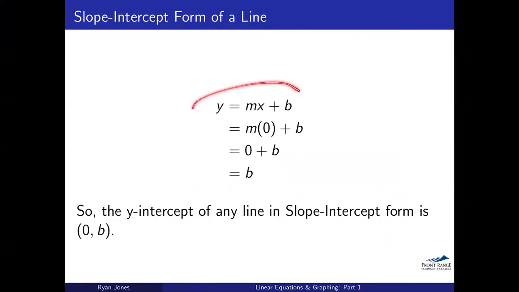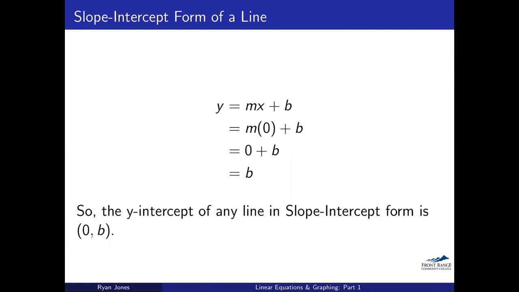Now, like I said, this should be fairly obvious if we look at this work here. If I have y equals mx plus b, remember, we find the y-intercept by setting x equal to 0. So if I set x equal to 0, well, it doesn't matter what m is. M, for whatever number it may be, if I multiply it by 0, I'm just going to get 0. So you get b for the y value of the y-intercept. And so as I've said, we get 0, b for the y-intercept.